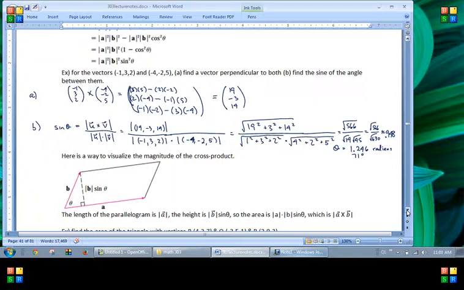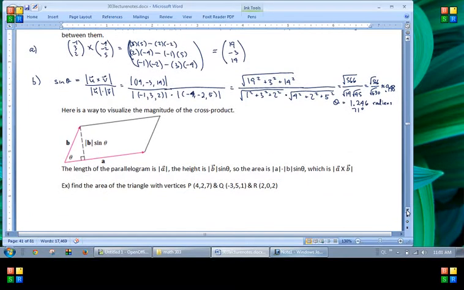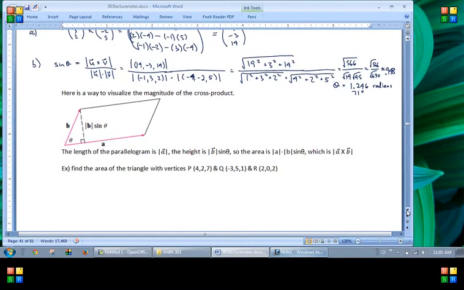Okay. So now let's do a calculation with this. Find the area of the triangle with these vertices. Hold on, I was just talking about parallelograms, and now this question's about triangles. So what do triangles have to do with parallelograms? It's half a parallelogram, exactly.